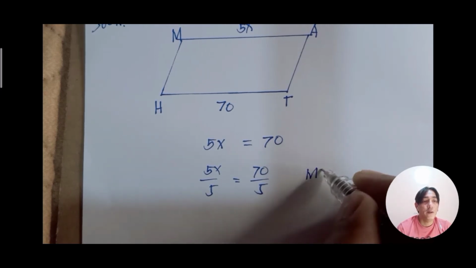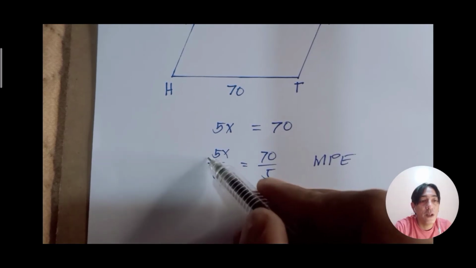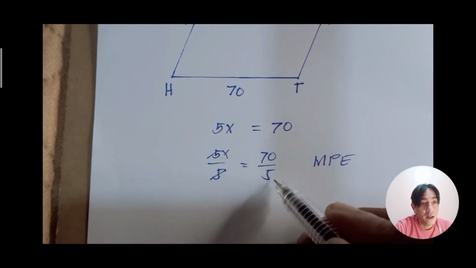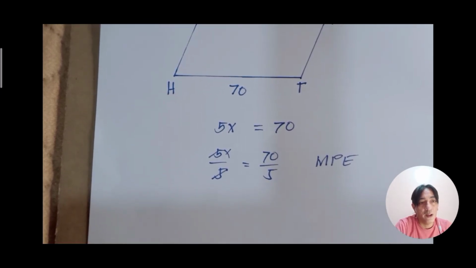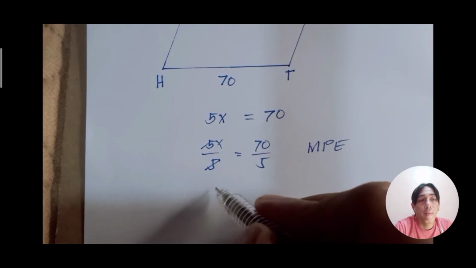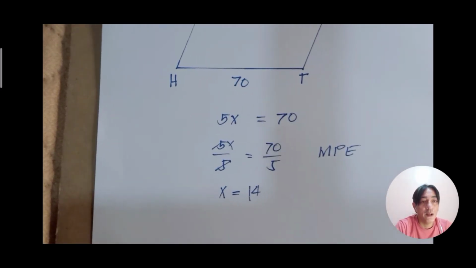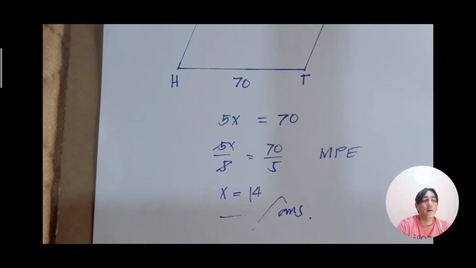So, we have now 5 divided by 5 will be 1. X na lang ang matitira. Then 70 divided by 5 will be 14. X now will be 14. So, eto na ngayon yung ating answer sa number 1.